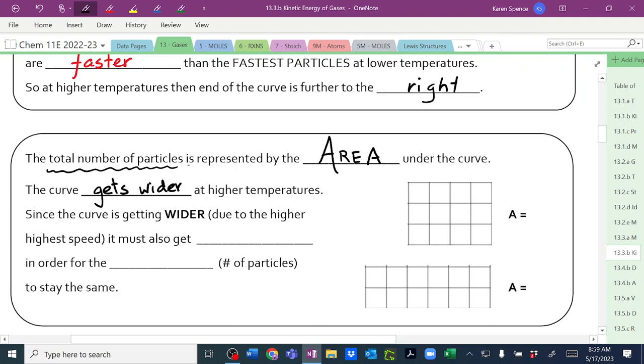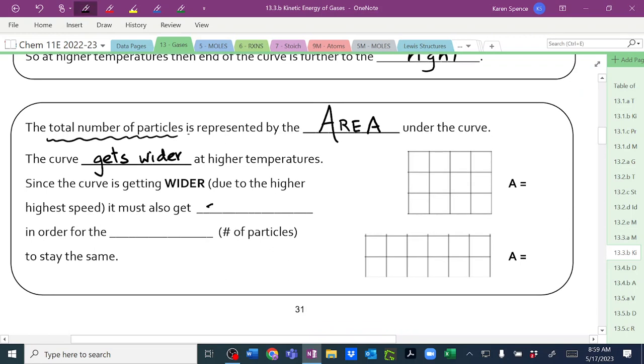Since the curve is getting wider due to the highest speed, it must also get shorter or flatter in order for the area, the number of particles, to stay the same.